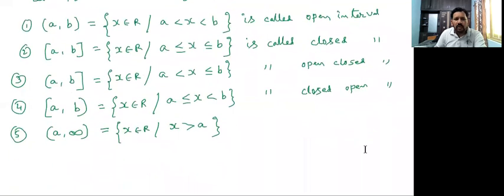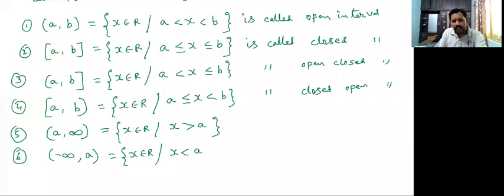Next, minus infinity comma a is equal to x belongs to R such that x is less than a.